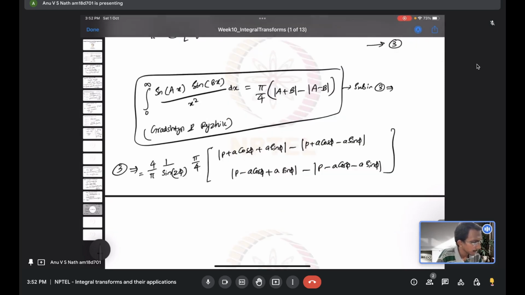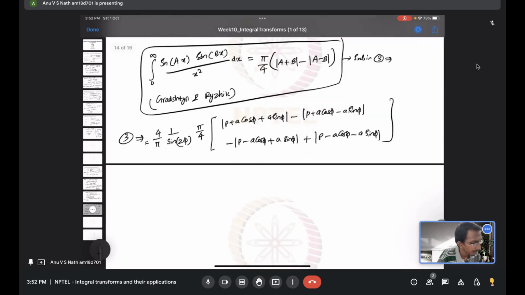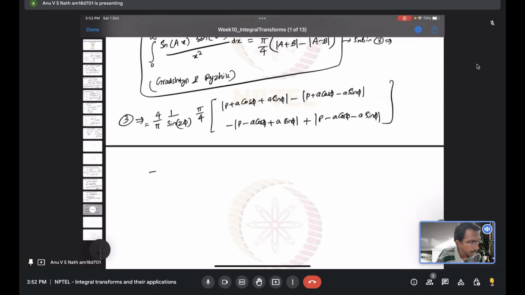Here we are subtracting the second integral from the first, so there will be a sign alteration like this. Now we will cancel the constants pi by 4 and rearrange it.